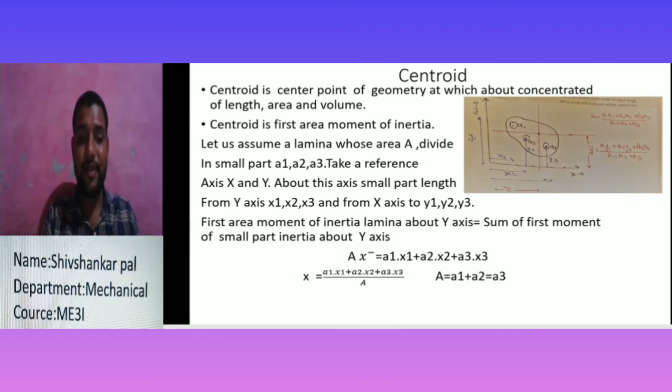Then x bar is equal to A1 x1 plus A2 x2 plus A3 x3 divided by A, where A is equal to A1 plus A2 plus A3.